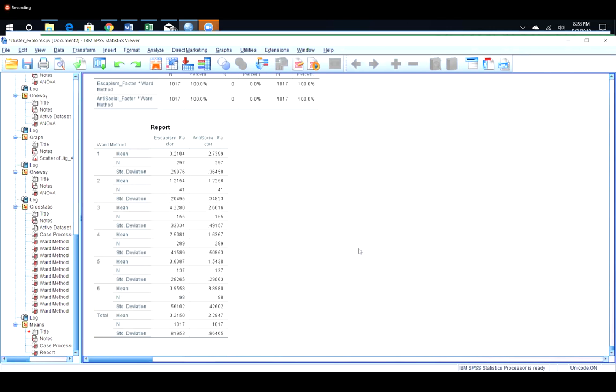There may not be an extreme case. There's probably an average cluster in here anyway. Well, this one, cluster one, is kind of the average cluster. And that's perfectly fine, because there are a lot of people that are just in the middle. They're not extreme on these, so you'd see where they fall.